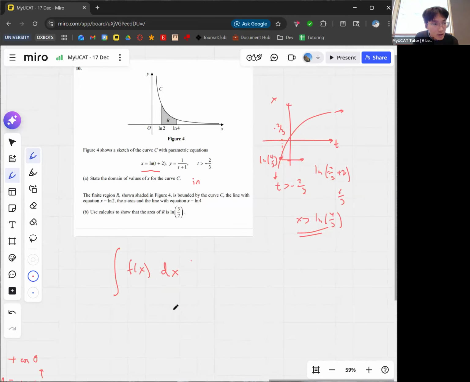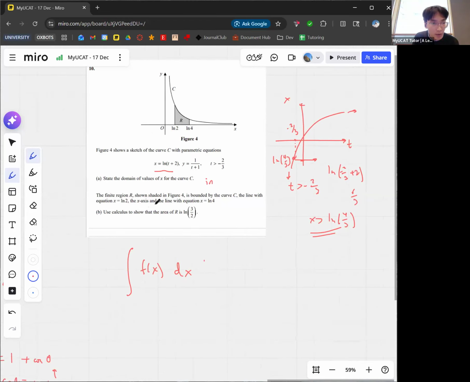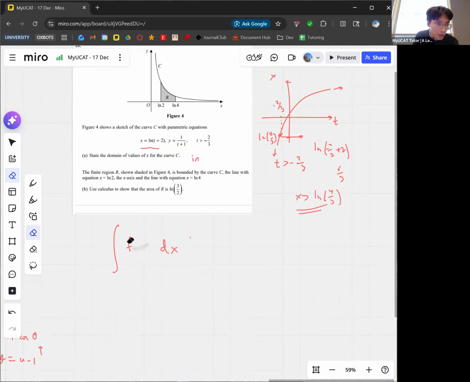General graph shapes: natural logs, exponentials, polynomials, trigonometry. That's it. So the finite region R. You know that what you're trying to do is the integral of y dx, right?